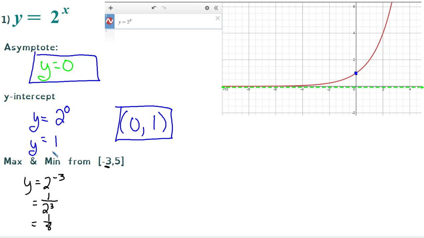Now let's do the next one. y equals 2 to the 5th. 2 to the 5th power is 32. So that means that 1/8 is our min, and y equals 32 is our max.